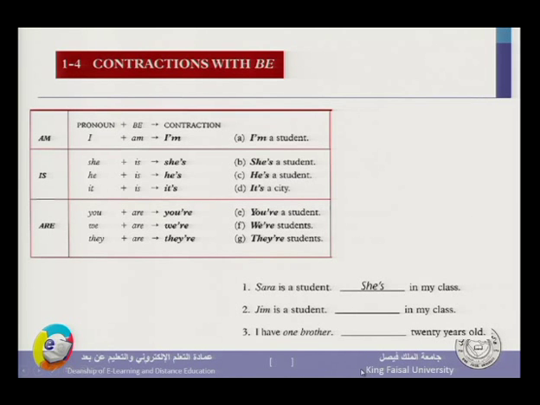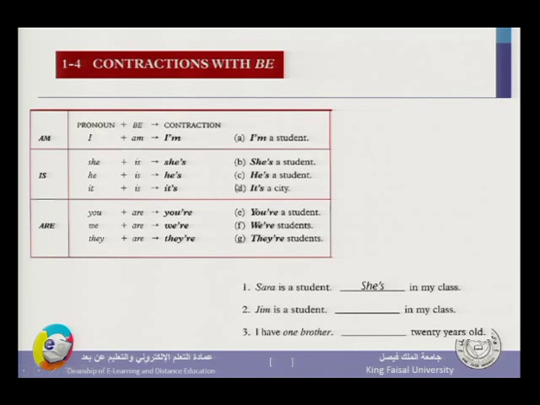So let's do some exercise here. Sarah is a student. Now to use the contraction with a pronoun, the pronoun that can be used instead of Sarah here is she. So instead of saying she is, I can say she's in my class, using the contracted form. Jim is a student. Instead of Jim, I can say he, and instead of the full form is, I can use the contracted form.